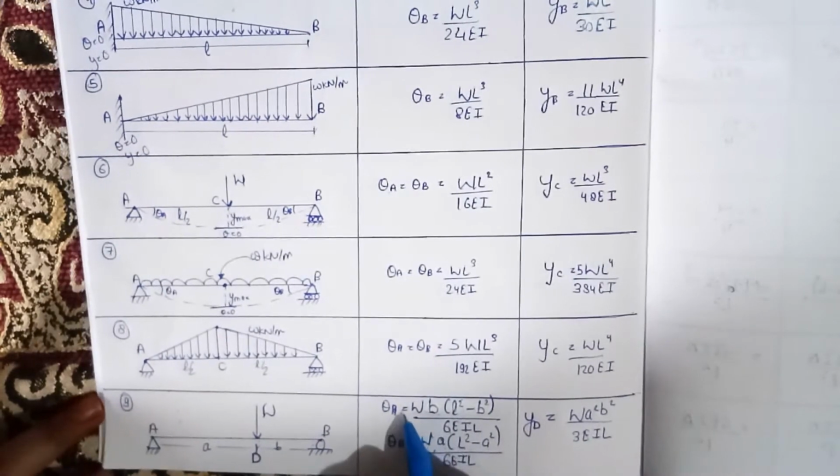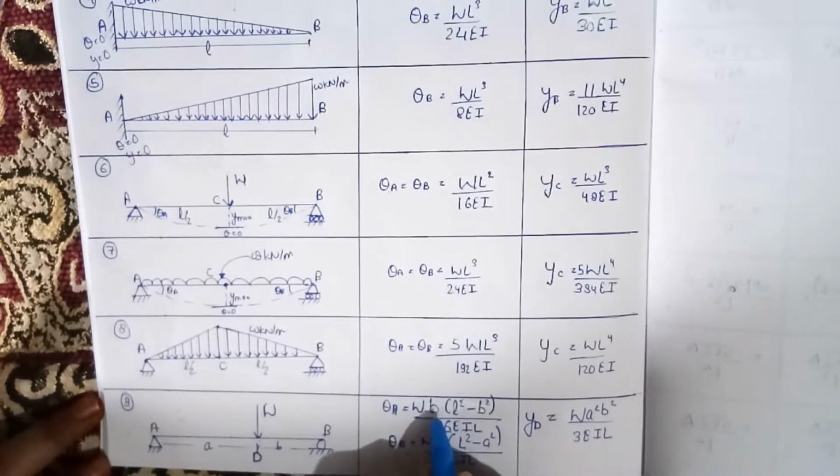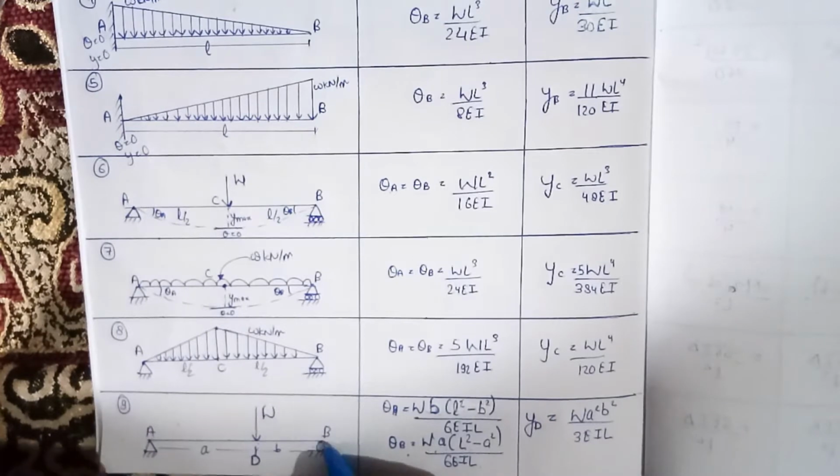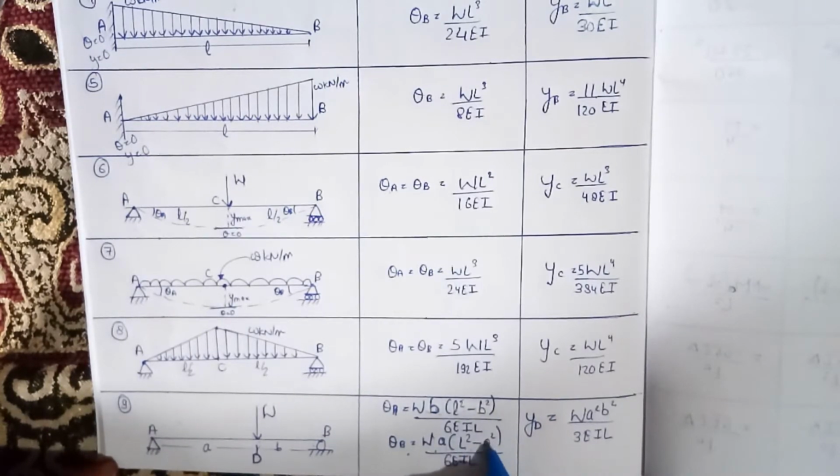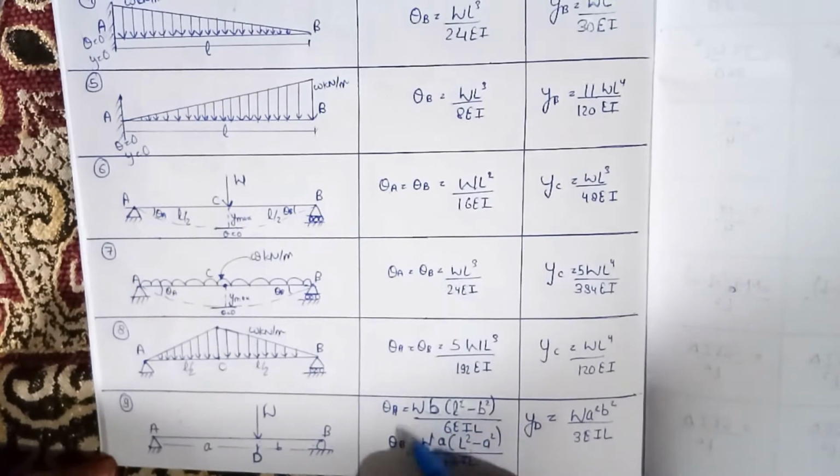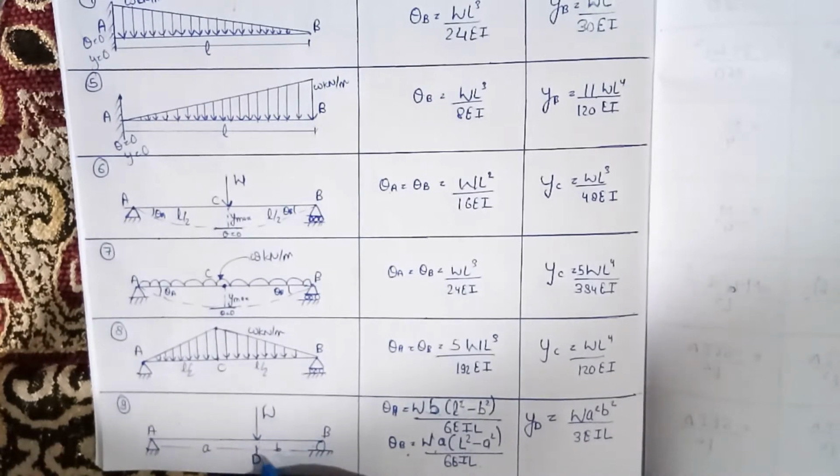If you are talking about the joint A slope, then here the value will be B, and it is also B. And when it is for the joint B, the value will be A on both the outer and inner side. Remember this. This is the formula of the slope for joints A and B in the case of a simply supported beam subjected to a concentrated load at span A from the left support and span B from the right support.